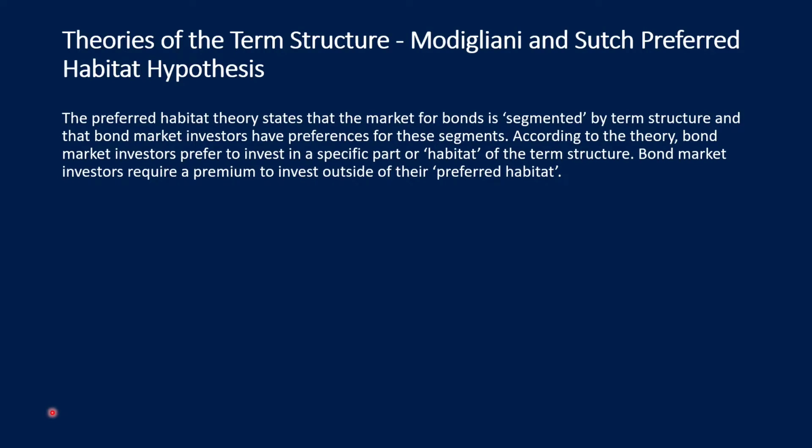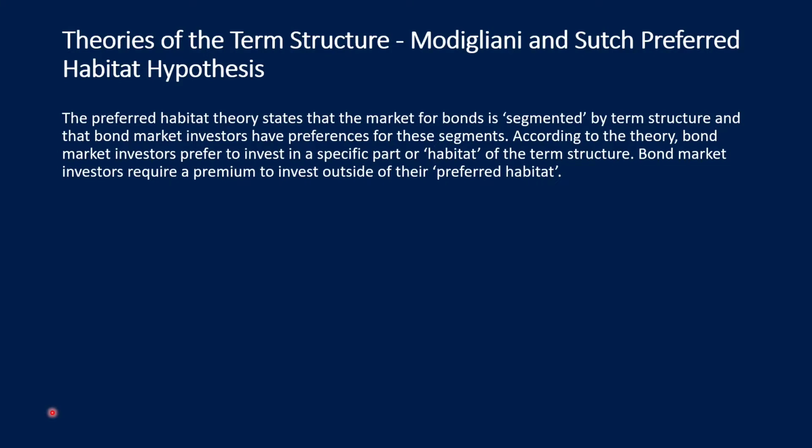Last but not least, I would like to go into the preferred habitat hypothesis by Modigliani, Miller, and such. The preferred habitat hypothesis is a more generalized hypothesis. It states that the market for bonds is segmented by term structure and that bond market investors have certain preferences for these segments.